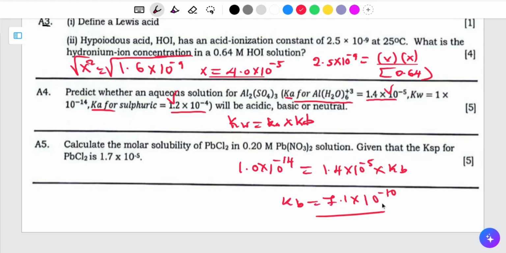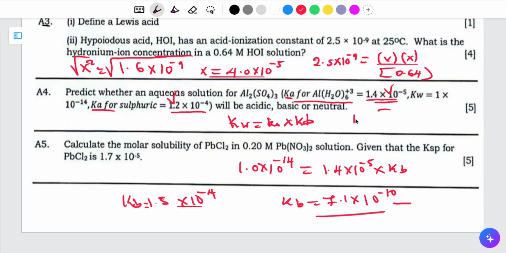Of course, when it comes to acidity, it's the opposite. If we had a solution for the Kb, which was like, let's say 1.5 multiplied by 10 to the power, let's say negative 4, this one here is bigger than this one. Now that this one is smaller than this one, meaning to say the solution is going to be acidic.